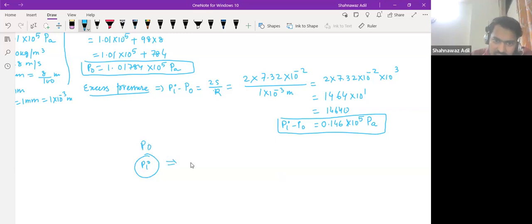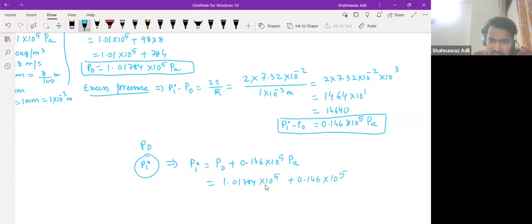So pressure inside of the bubble is PO plus this excess pressure, right? Because I know that this is 10 to the power 5 Pascal. Right, so PO I have already calculated, that is 1.0178 into 10 to the power 5 plus 0.146.